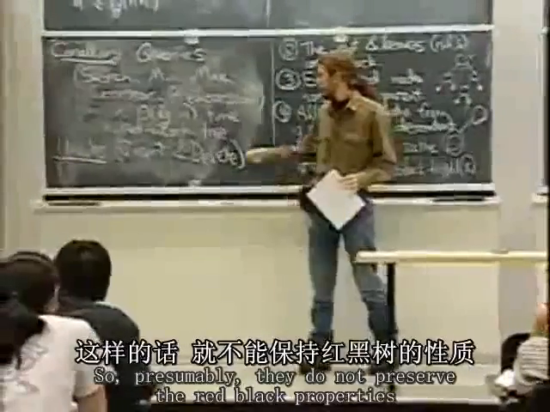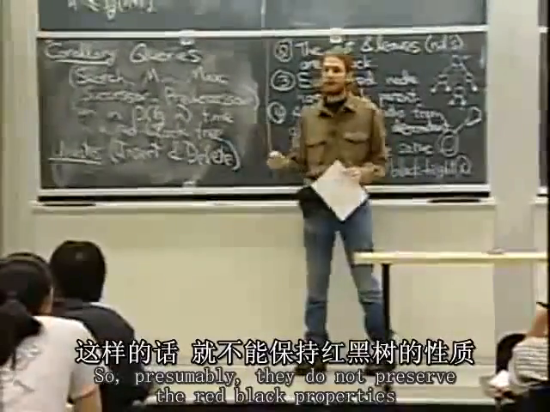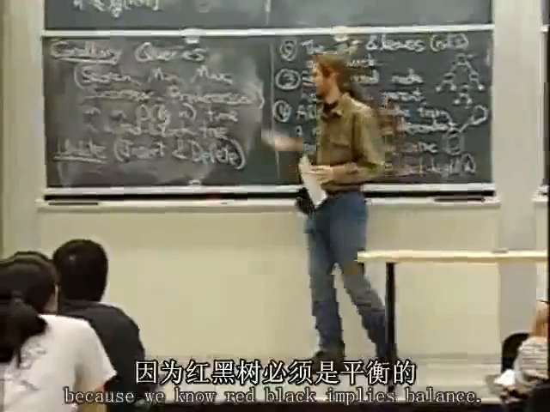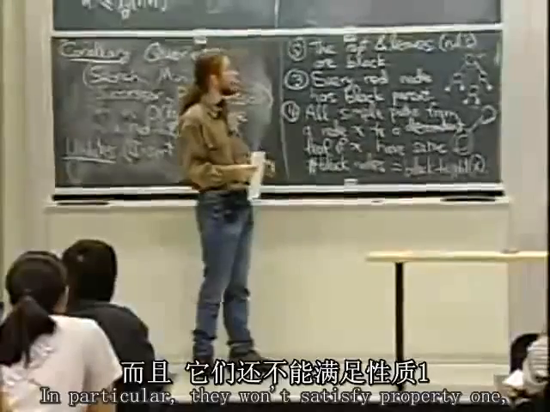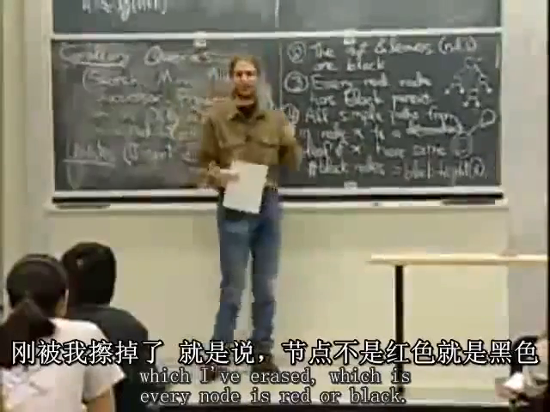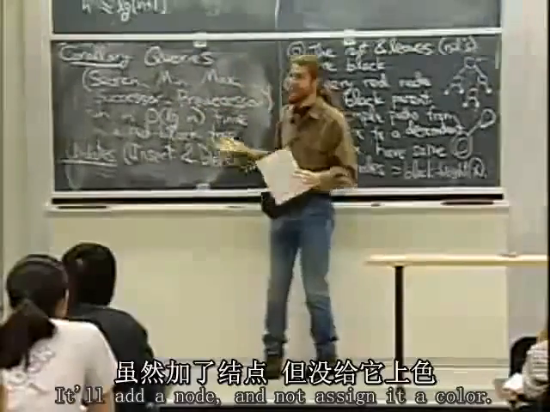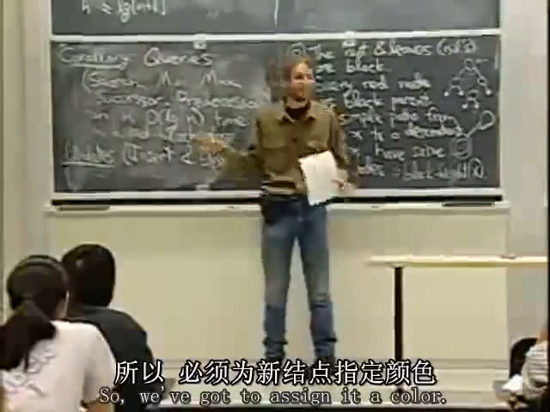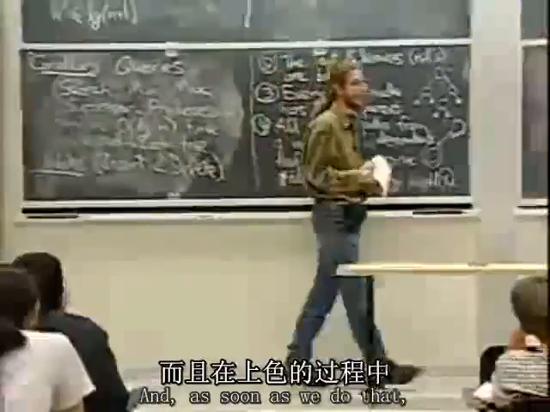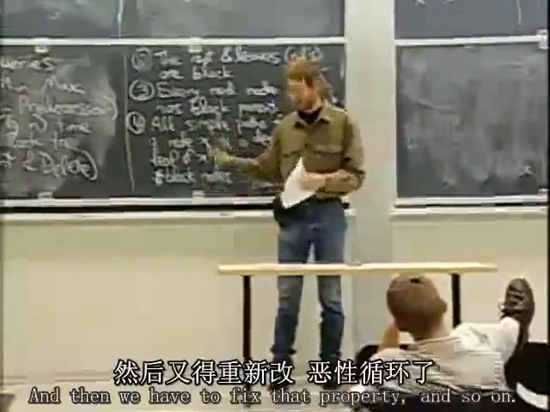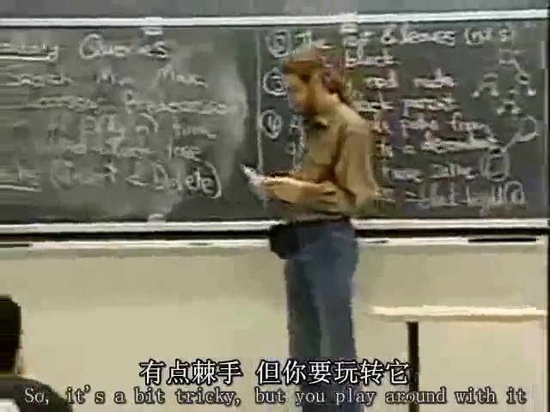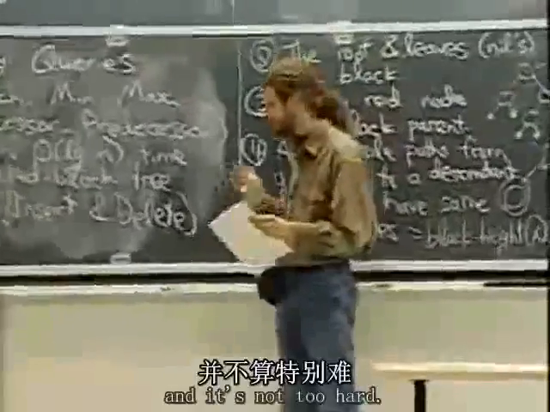So presumably, they do not preserve the red-black properties, because we know red-black implies balanced. In particular, they won't satisfy property 1, which I've erased, which is every node is red or black. It'll add a node and not assign it a color. So we've got to assign it a color. And as soon as we do that, we'll probably violate some other property, and then we have to fix that property and so on. So it's a bit tricky, but you play around with it, and it's not too hard.